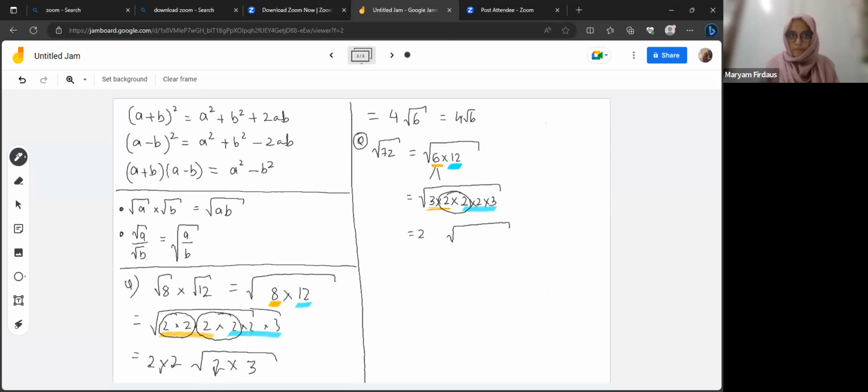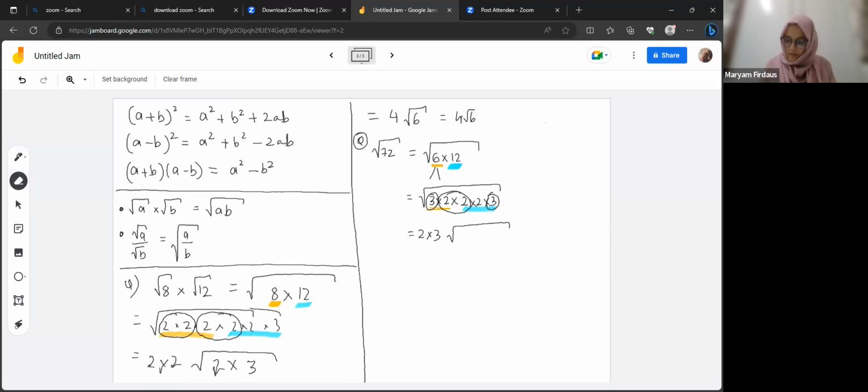Now, any other pairs? Can you find any other pairs inside the root? Ma'am, 3. Very good. So this 3 with this 3 make a pair, so one 3 will also come out. So what is left inside the root without any pair? 2, ma'am.